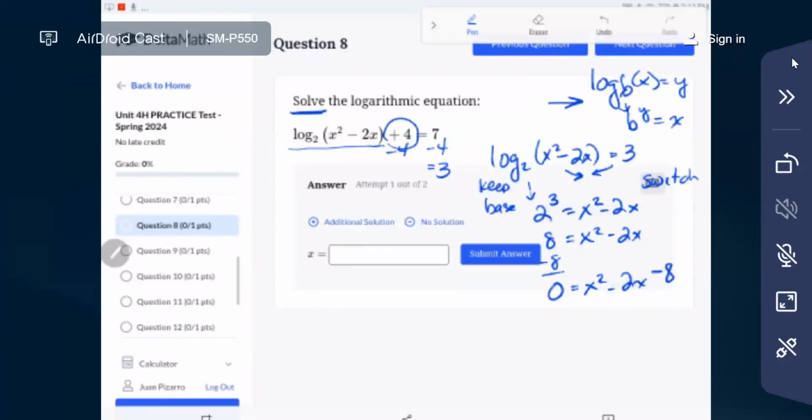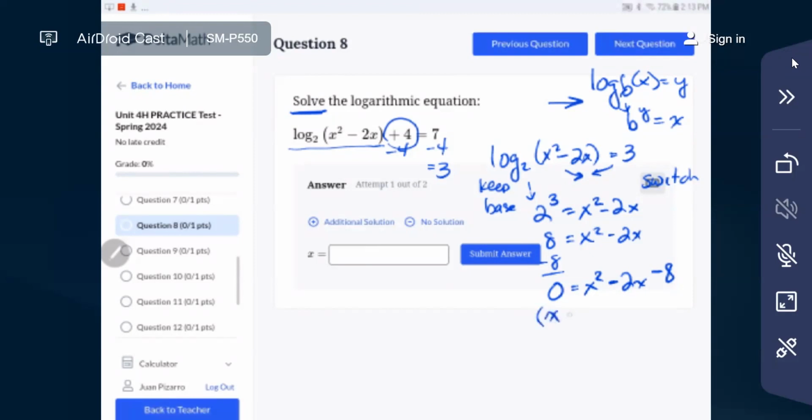This is a quadratic, so you can solve it by factoring. If you're good at factoring, you can factor this very easily. If you're not good at factoring, use polysolve on your calculator.